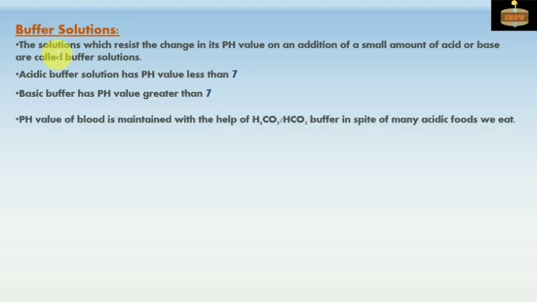The pH value of blood is maintained with the help of an H2CO3/HCO3- buffer in spite of the many acidic foods we eat. So now you know why, even after eating a lot of acidic food like vinegar and beer, your blood pH stays basic in nature. This buffer is very helpful in maintaining those things.